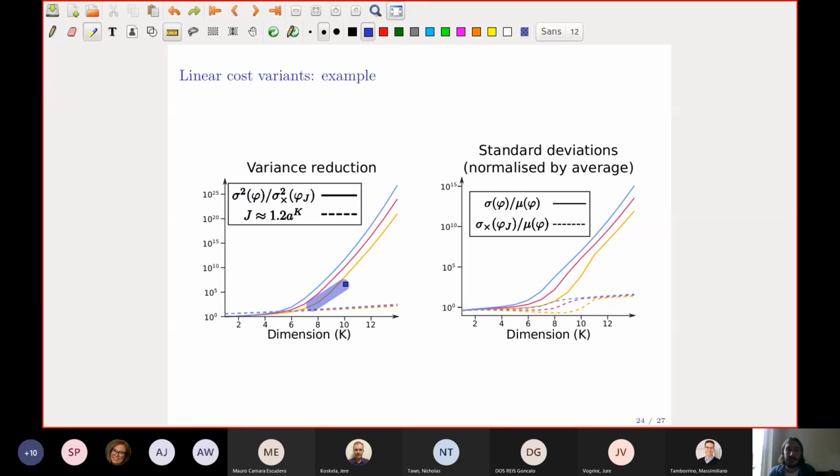This is the solid lines, and you see that this grows much, much quicker than the computational cost of the other one. And if you look at the standard deviations normalized by the average for the IID estimator and for the product form one, you'll see that for the IID estimator, these get really large quickly, which tells you that you're going to need a number of samples that you're not going to be able to use in practice after just a handful of dimensions. And the other one still grows quite quickly because it's a logarithmic axis, but remains viable for a much wider range of Ks.